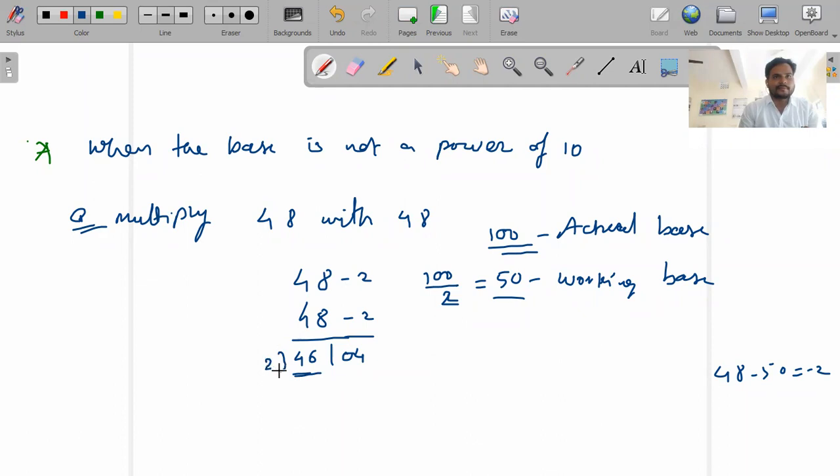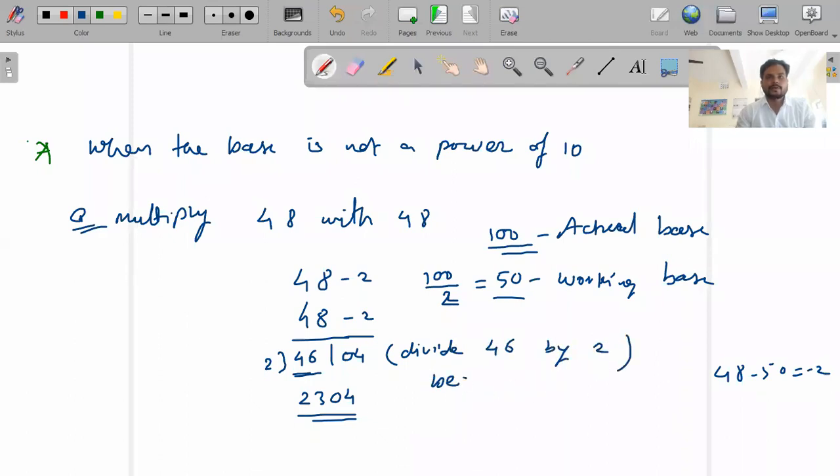So 2304 is the answer. Here you have to divide this 46 by 2, because the working base is 100 by 2.